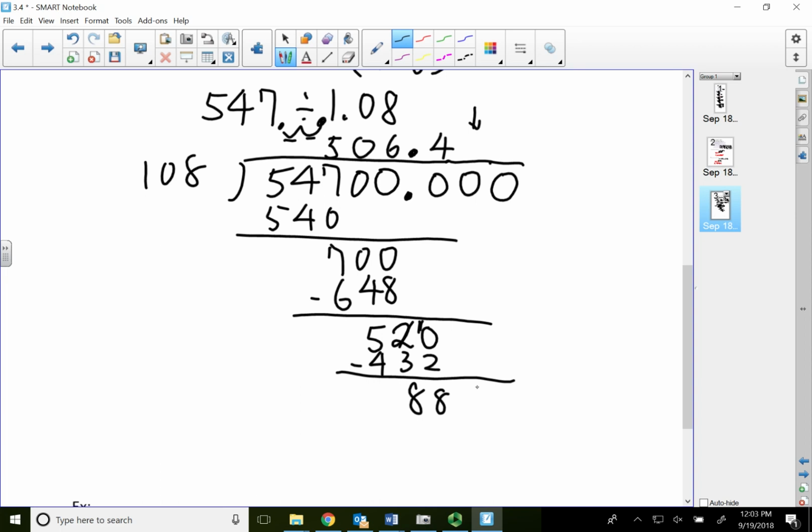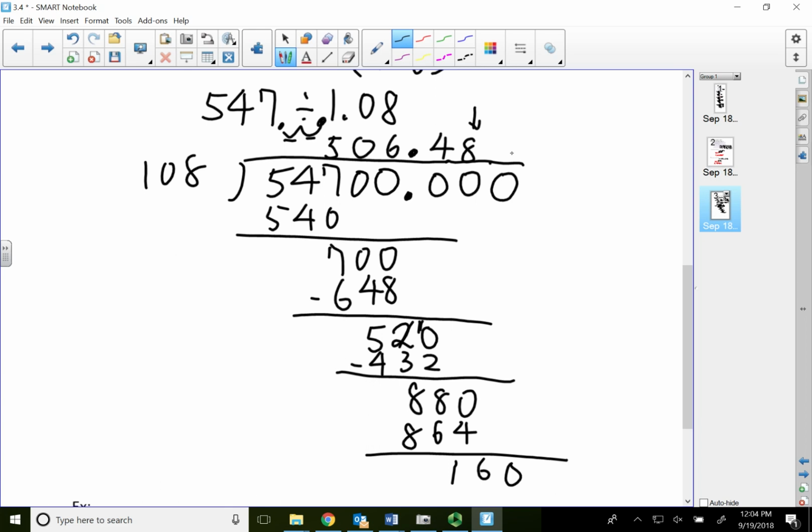All right, bring down the next 0, 880. So if I use 8, that will be too big. No, 8 is not. 8 times 8 is 64, 8 times 1 is 8, so that's good. That's 6, that's 1. Right, 7 minus 6 is 1. Yep, bring down the next 0.